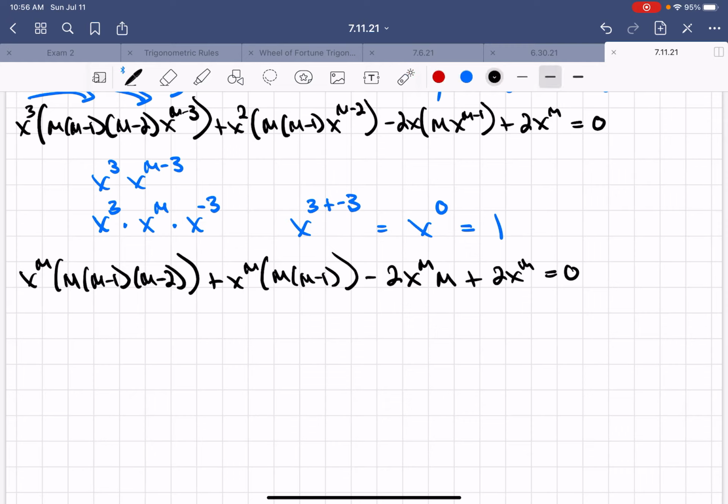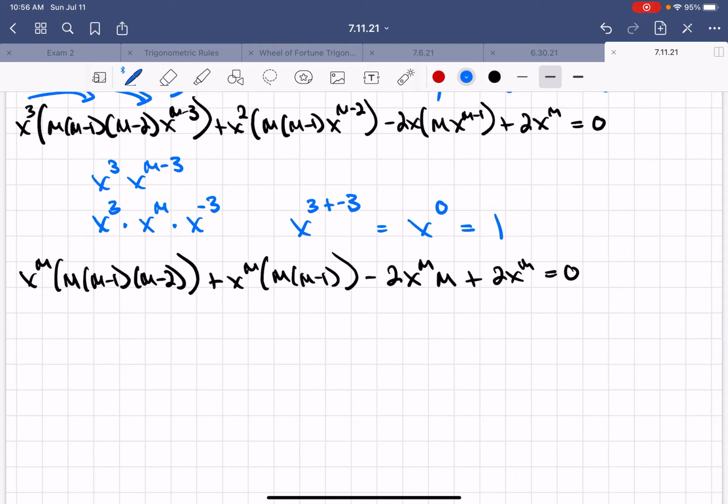I guess I could show the step, but because it's just going to take up space, what we're doing is factoring out the x to the m, and then dividing the 0.